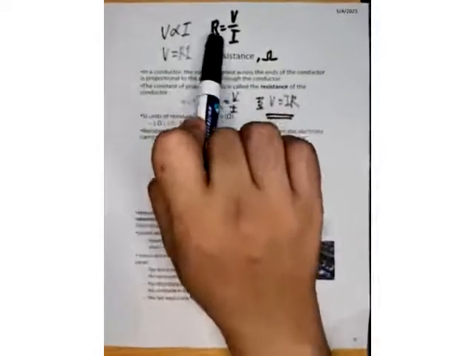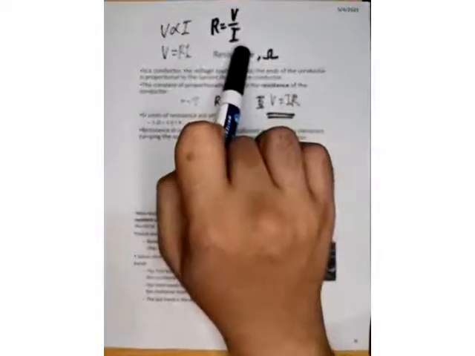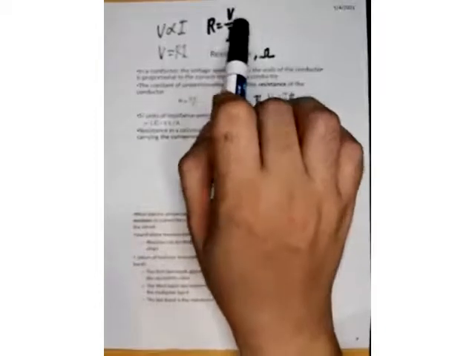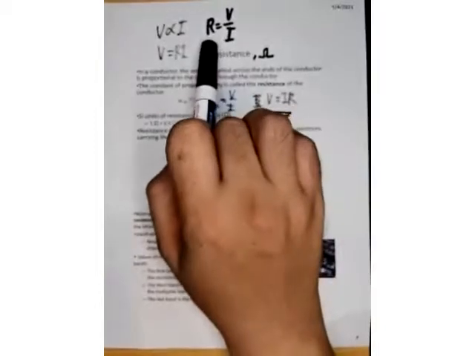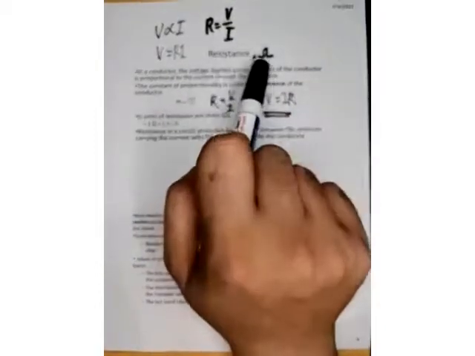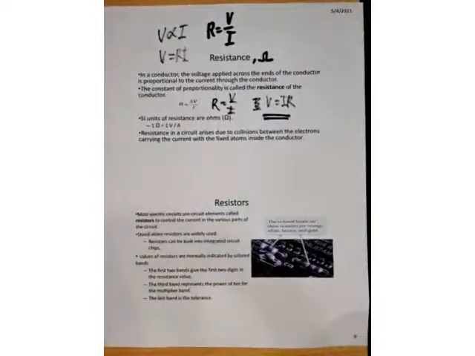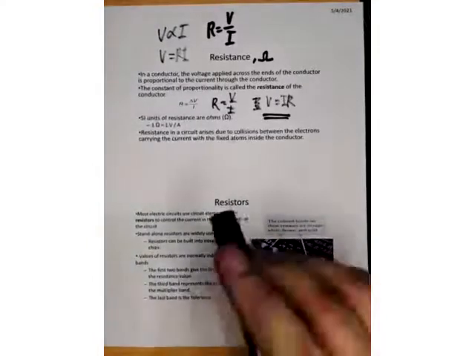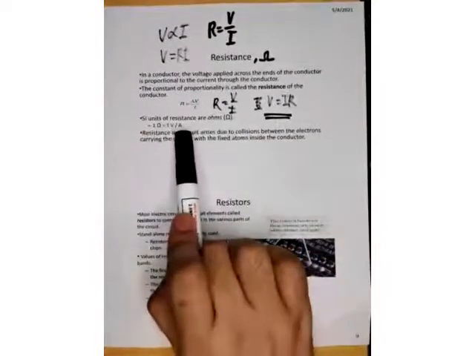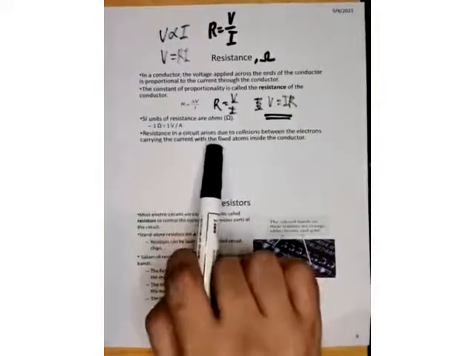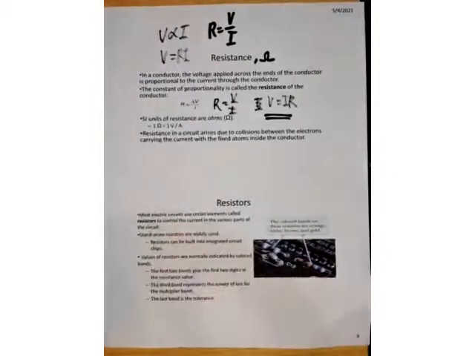So R is equal to V over I. Yung ratio of proportionality ng voltage sa current is the resistance. At ang unit ng resistance natin is yung ohm, yung symbol na omega. Okay, 1 ohm is equal to 1 volt per ampere. So that is the resistance.